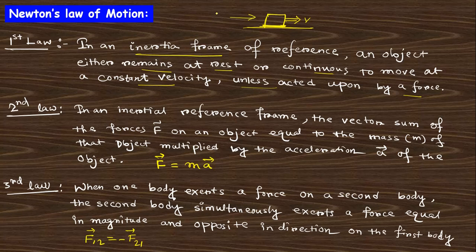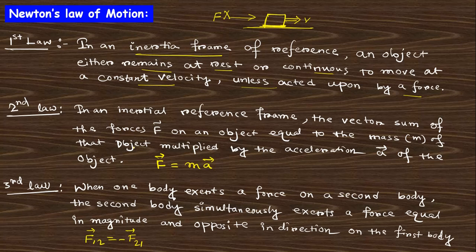If we don't apply any force on this body, it will keep moving with its uniform velocity. Without any force, the motion will be at uniform speed, or if at rest, it will remain at rest.